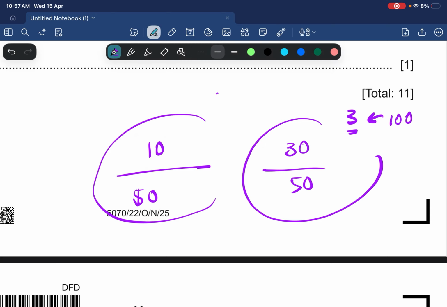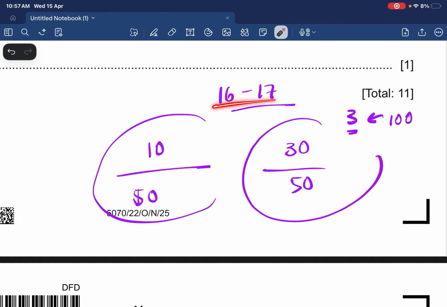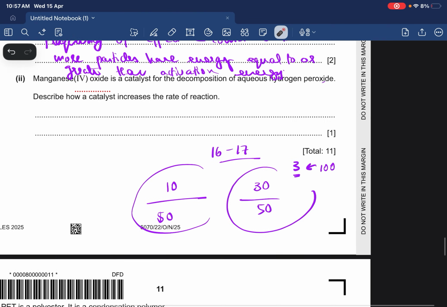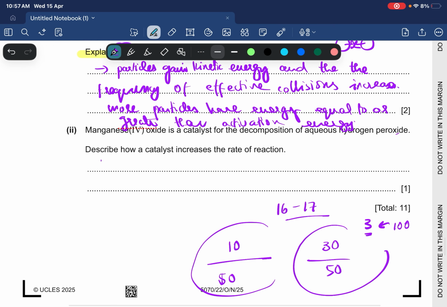Now maybe 16 or 17 students pass the test, because 16 or 17 now have greater than 10. But initially, when passing marks were 30, only 3 students passed. So the catalyst is lowering the passing marks. Passing marks are the activation energy. Only if you have more, you can pass the test. Otherwise, you will fail. So over here, you say it lowers the activation energy.